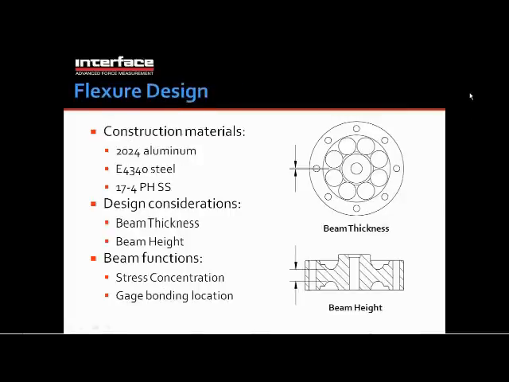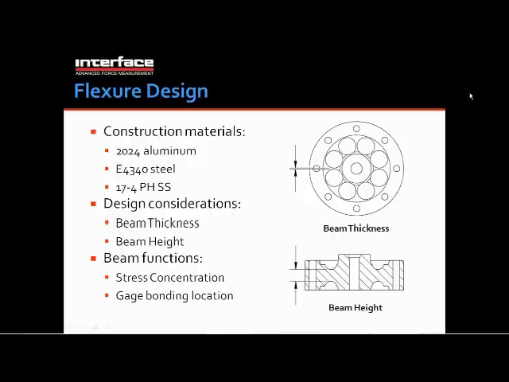Moving on. So let's talk a little bit about flexure design. There are three basic materials that are used during load cell construction, and it all depends on the type of application and the capacity that the load cell is going to be used for. The first material is 2024 aluminum, which is used for low capacities, usually in the range of about 2,000 pounds and lower. The next material is E4340 steel, which is used for much higher applications.